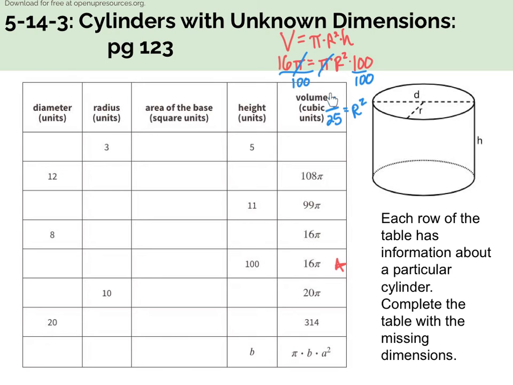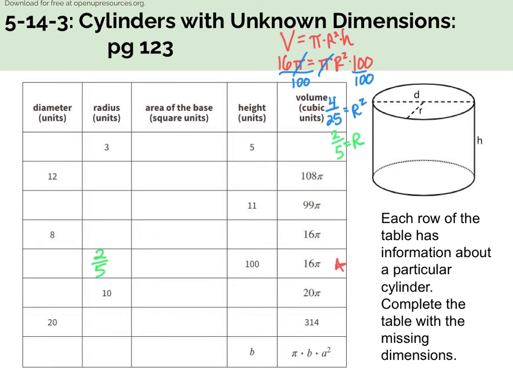What number multiplied by itself makes 4? Well, I know that number is 2. What number multiplied by itself makes 25? Well, I know that number is 5. So then my radius is going to be 2 over 5.